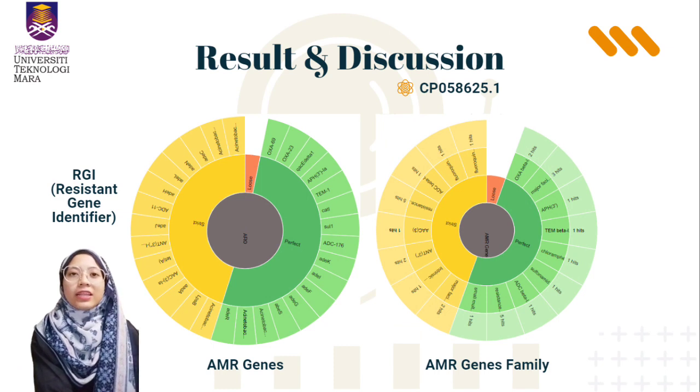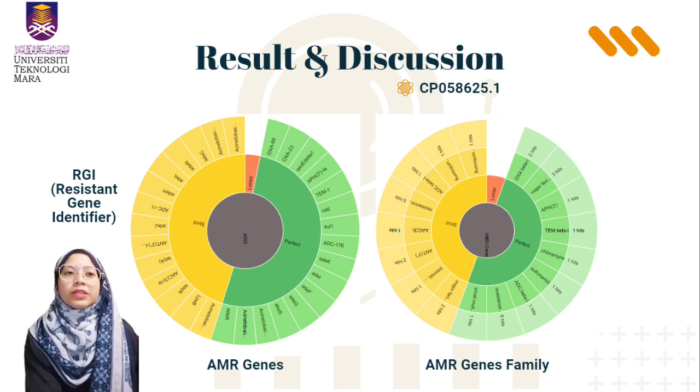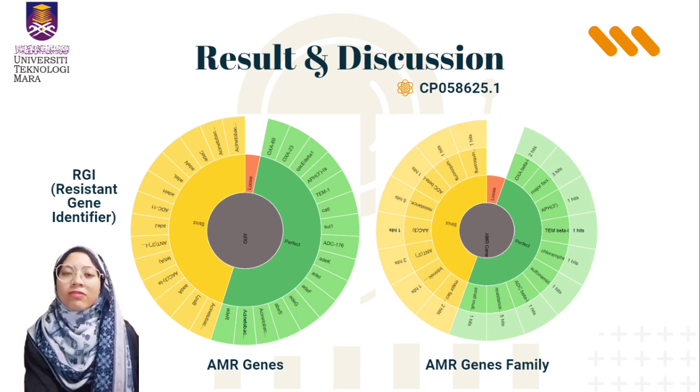The RGI analyzes genome or proteome sequences under a perfect, strict, and loose, also known as discovery, paradigm. The perfect algorithm is most often applied to clinical surveillance as it detects perfect matches to the curated reference sequences in CARD.